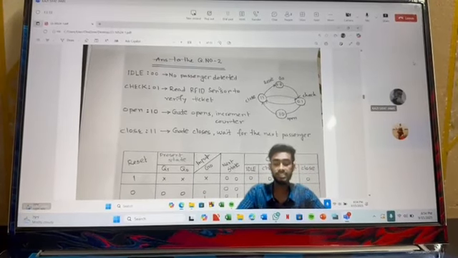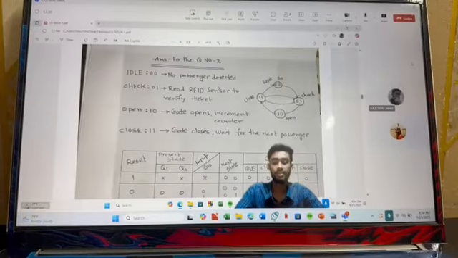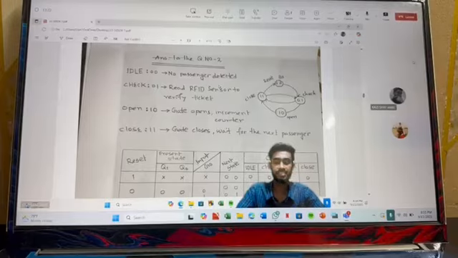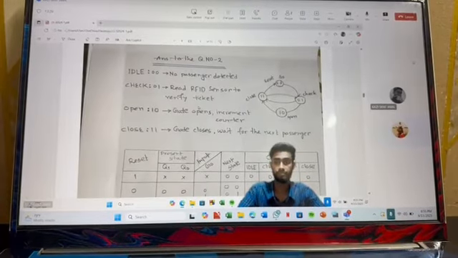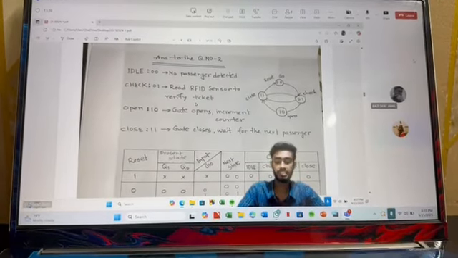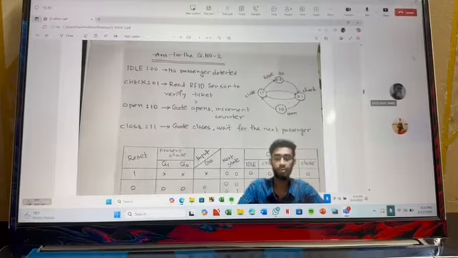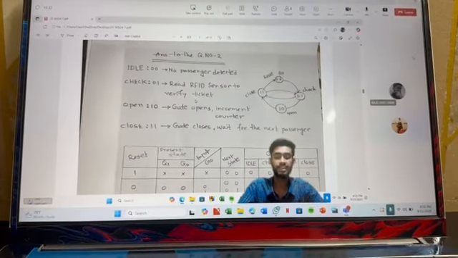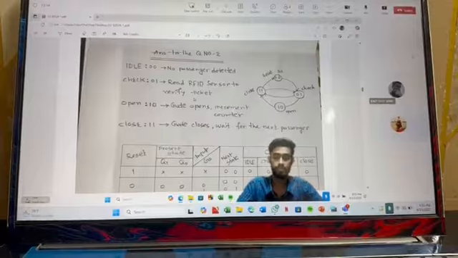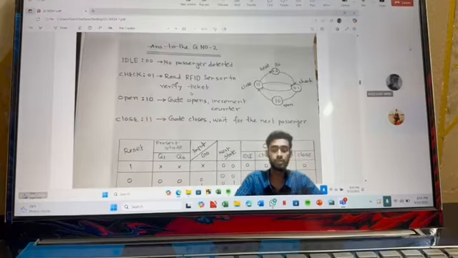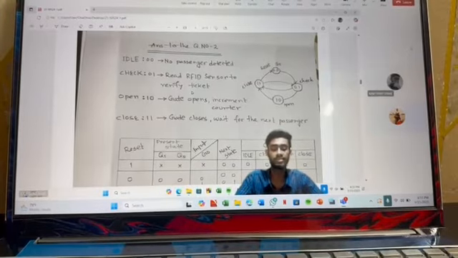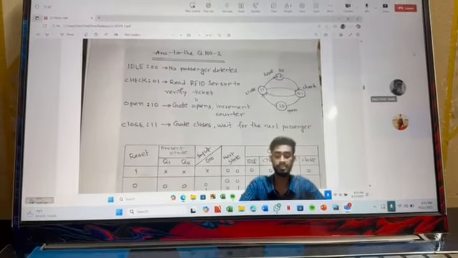When a ticket is detected, it moves to the check state to verify the ticket. If the ticket is valid, it goes to the open state and the gate opens for one person. After the person passes, it moves to the close state and the gate closes again, waiting for the next passenger.